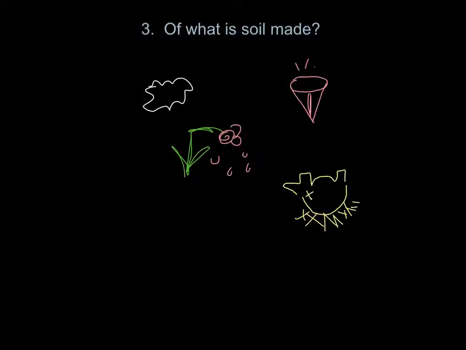It's died and he's going to decay into the soil. So there are 4 main components that define what soil is made of. We have rock, plants, animals, and minerals.